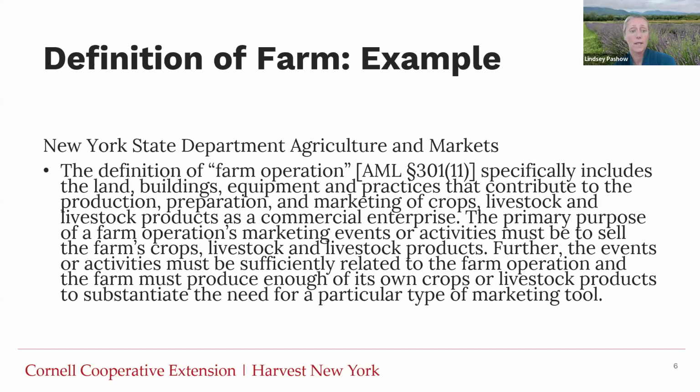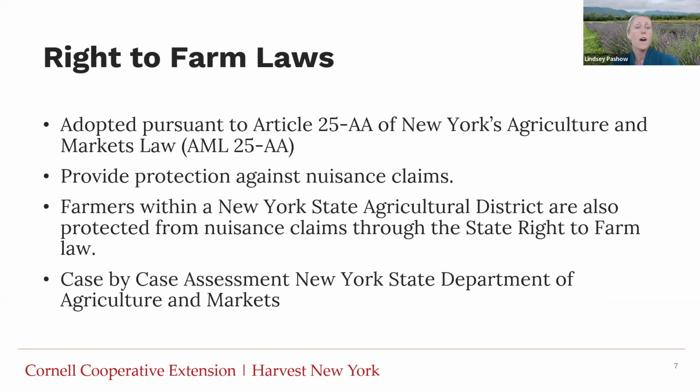The primary purpose of a farm operation's marketing, events, and activities must be to sell the farm's crops, livestock, and livestock products. Further, the events and activities must be sufficiently related to the farm operation, and the farm must produce enough of its own crops and livestock products to sustain the needs for the particular type of marketing tool. So understanding what that definition is is really important to start off.